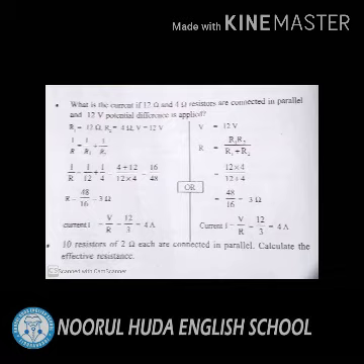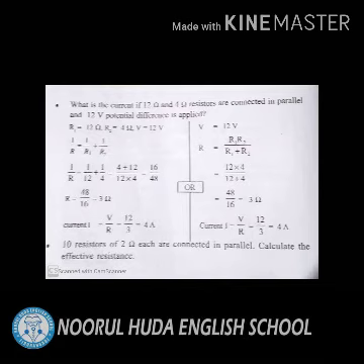What is the current if 12 ohm and 4 ohm resistors are connected in parallel and 12 volt potential difference is applied? Here the resistors are given as 12 ohm and 4 ohm. So R1 is equal to 12 ohm, R2 is equal to 4 ohm. 12 volt potential difference is applied, so V is equal to 12 volt.